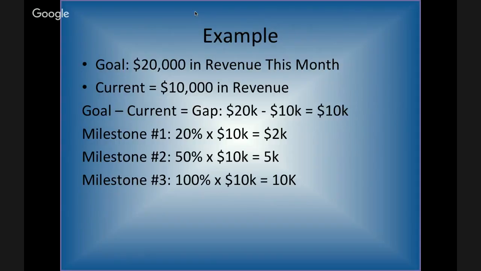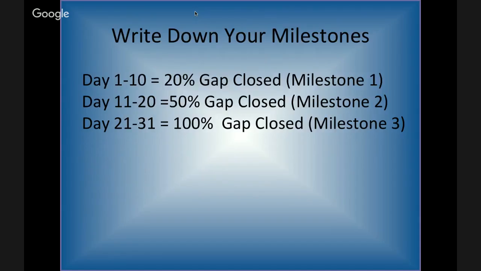So you're just going to calculate 20% of your current goal, and that's going to equal your milestone. Your second milestone is going to be 50% of that same goal. And once again, 100% of your goal is just going to be your goal, and that's where you hit the third milestone, 100% complete. So go ahead and do that now.